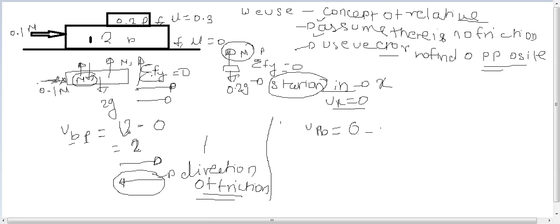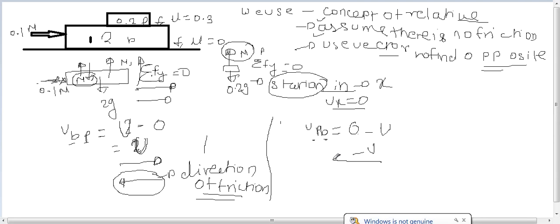Here I write 2, sorry, forgive me, this is not 2, this is 3, whatever you want to say. So velocity of pen is 0 minus V, which is the velocity of block. Okay, this is V. So this means that velocity of pen with respect to block is minus V. Minus V means this will be the direction.